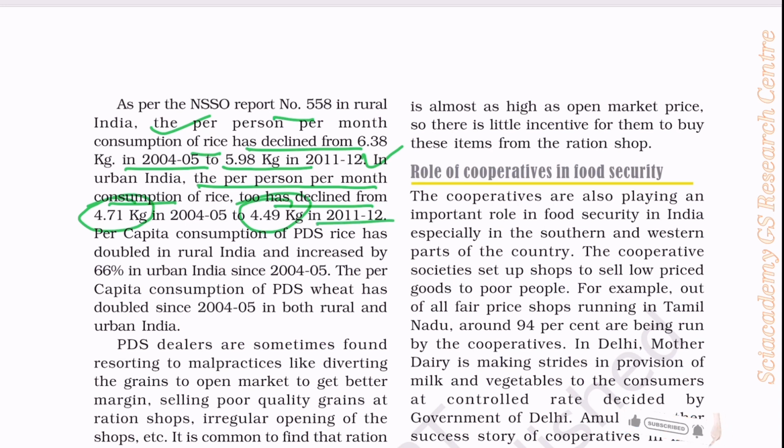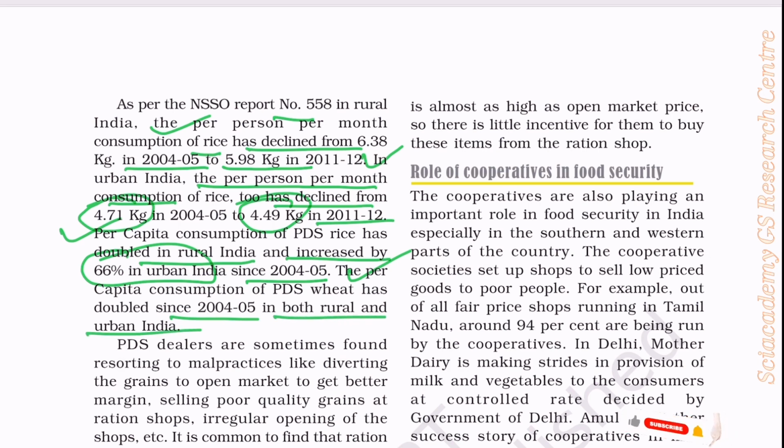Per capita consumption of PDS rice has doubled in rural India and increased by 66% in urban India since 2004-5. The per capita consumption of PDS wheat has doubled since 2004-5 in both rural and urban India.